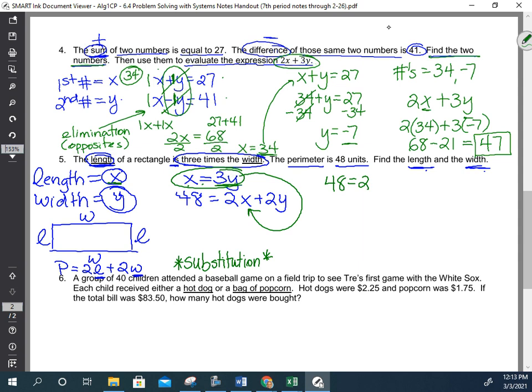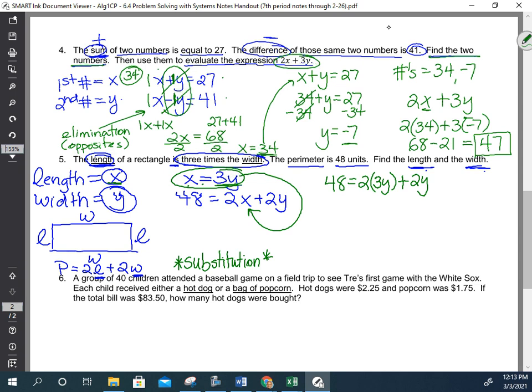48 equals 2 times 3y plus 2y. Now we're in business. What do we do next?